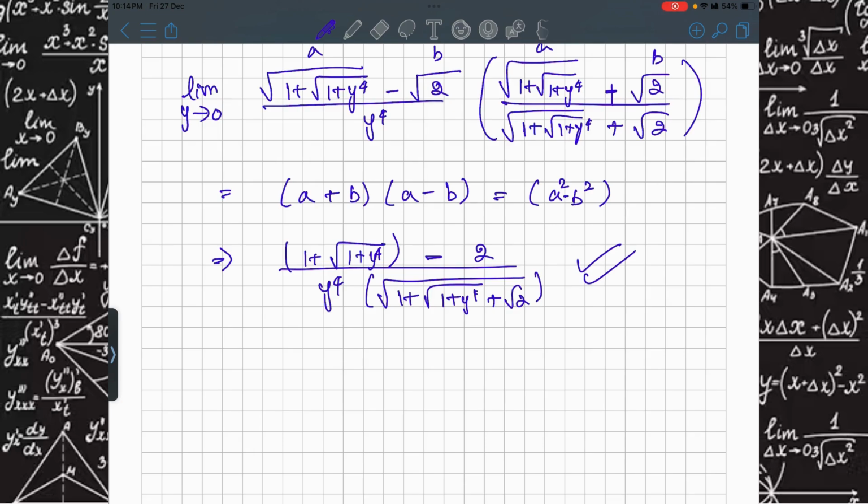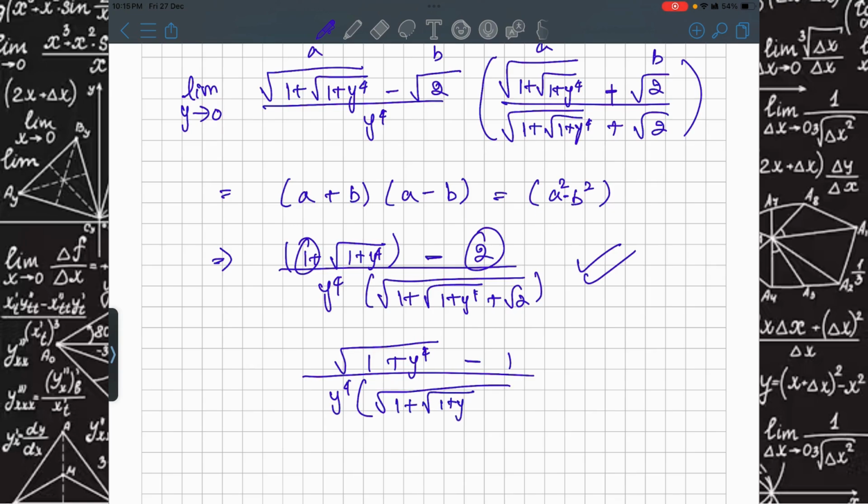Now let's simplify it. Here 1 is there and minus 2 is there, so let's write it as root of 1 plus y power 4 minus 1, divided by y power 4 into 1 plus root of 1 plus y power 4 plus root 2, right? It seems like this root is not the full root.